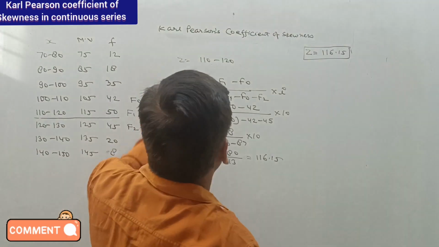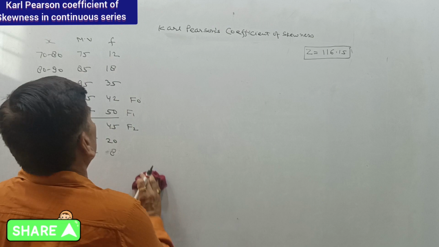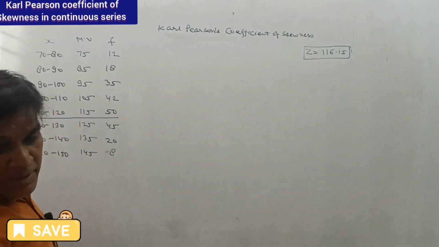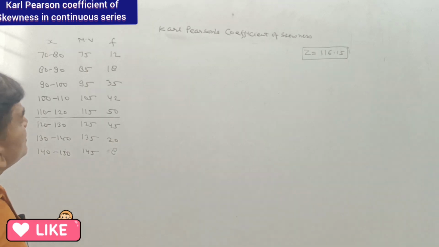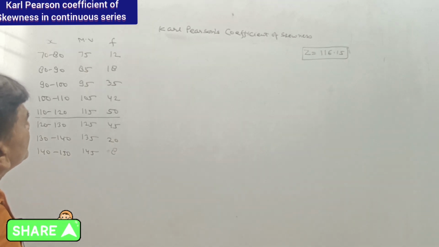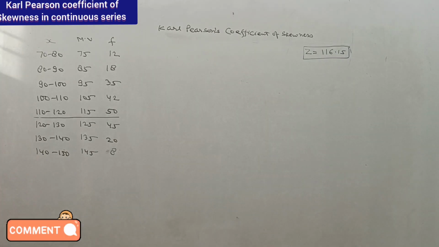Now we want the arithmetic mean. We have a shortcut formula for that. We can use the assumed mean method, or we can use the direct method also, but here we are using the assumed mean formula.